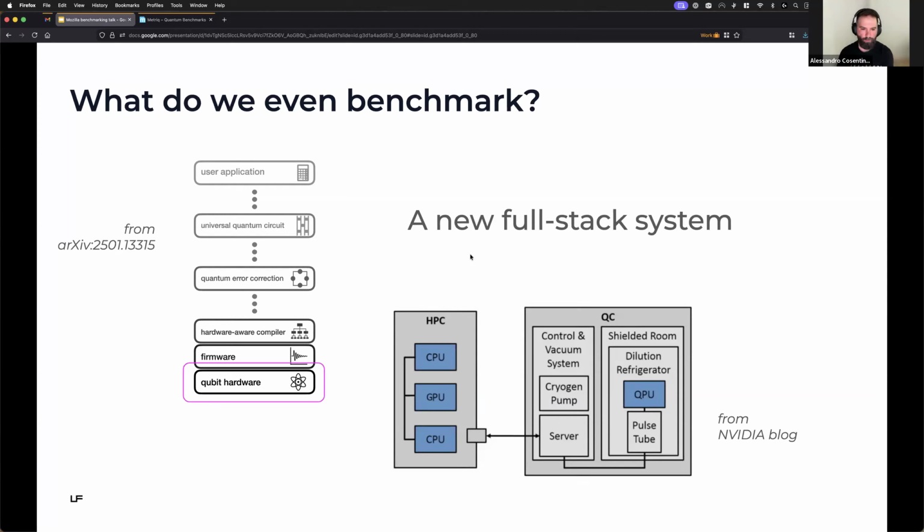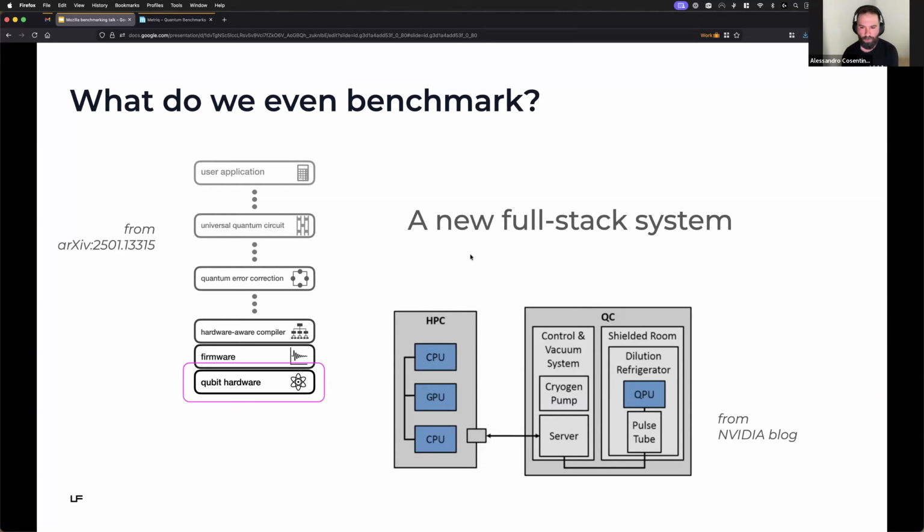I have a software and theory background, but you can see that's a diagram from the NVIDIA blog. NVIDIA is one of the players in the race to build a quantum computer. They mostly develop software, but this is a diagram from their blog.